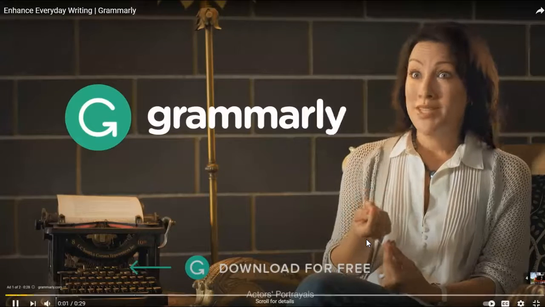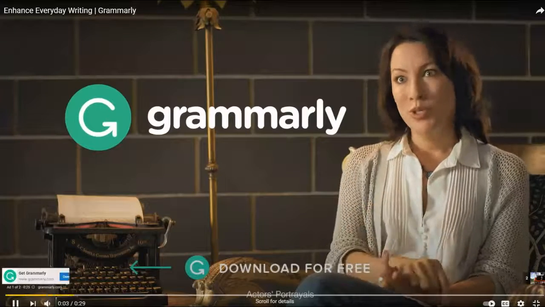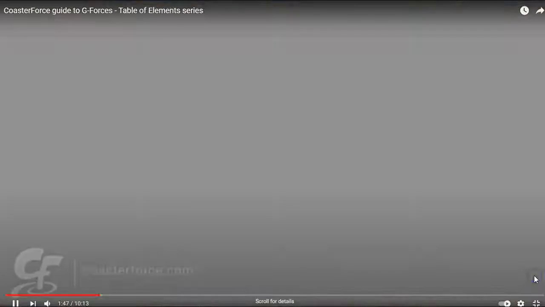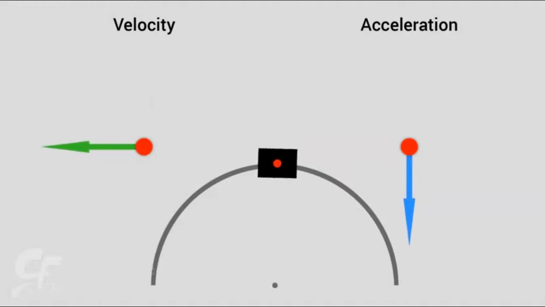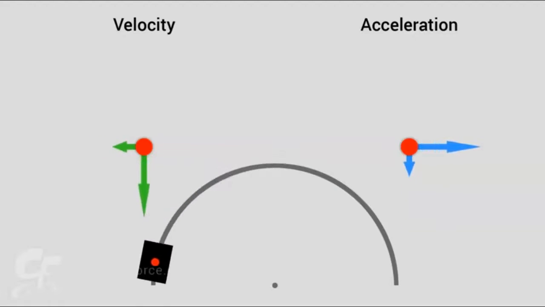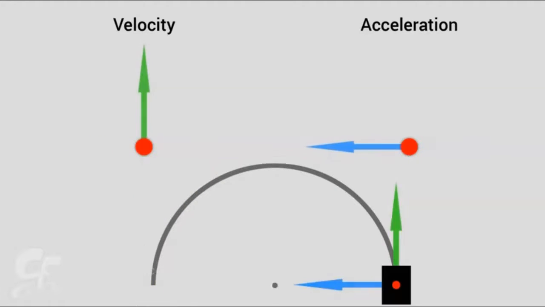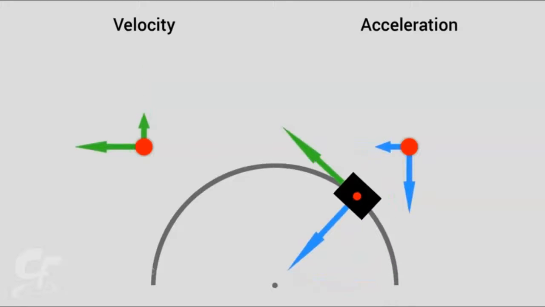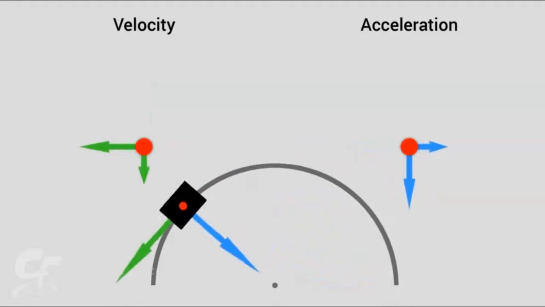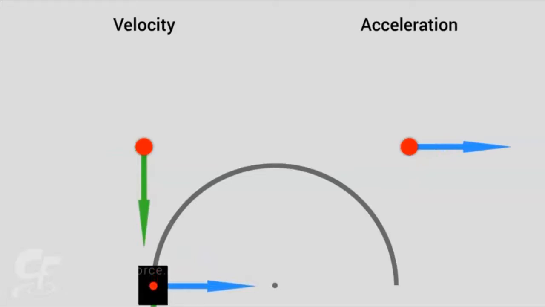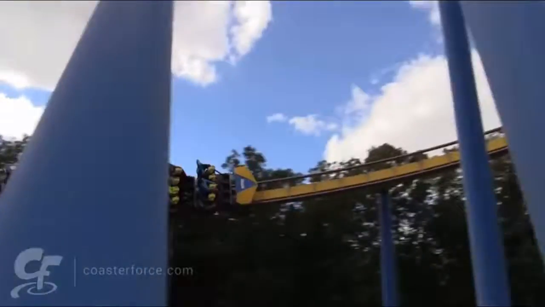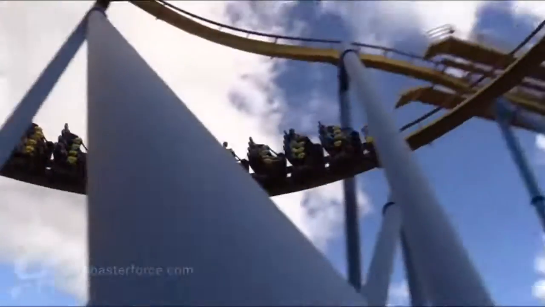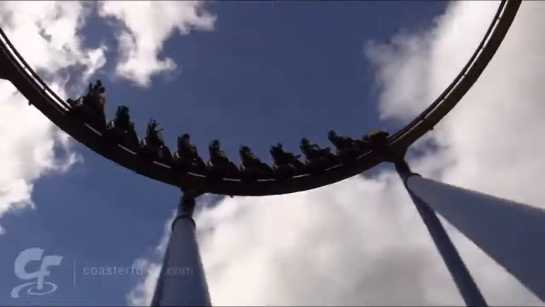A train taking a circular corner at a constant speed has changing velocity vectors, and therefore it has acceleration forces. In this example, the acceleration forces in both directions are resolved into one acceleration force towards the center of the corner. For you to remain in the seat and not be thrown from the train, the seat must exert a force on your body. It is this acceleration that is referred to as the g-force.